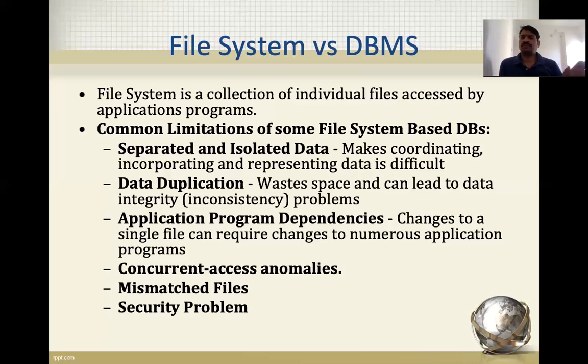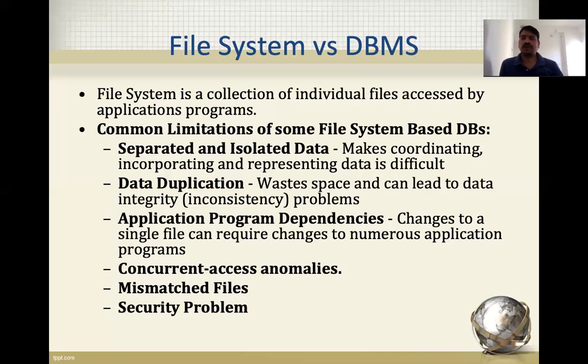Let's say in one file I want to change the name. Let's say I have written the wrong name in the file. So if I change or update the student name in one file, it is not going to affect the other file, right?